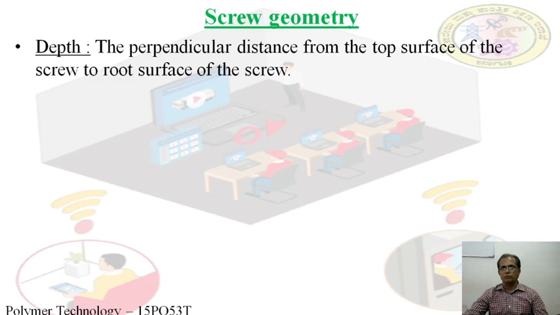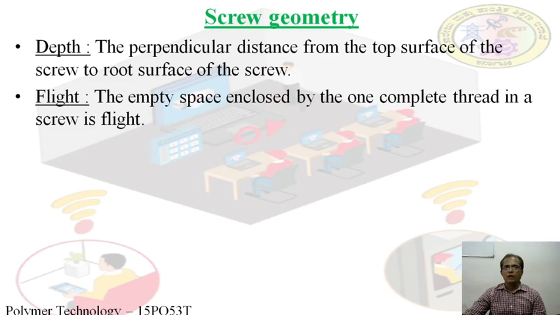Depth of the screw. The perpendicular distance from the top surface to the screw root is called depth of the screw. Flight. The empty space enclosed by one complete thread in a screw is its flight.